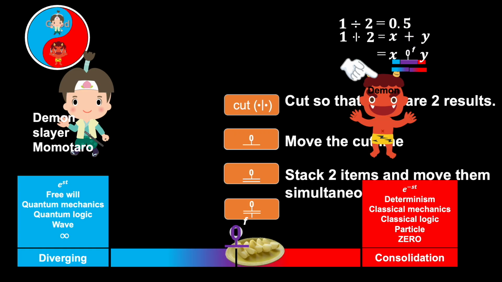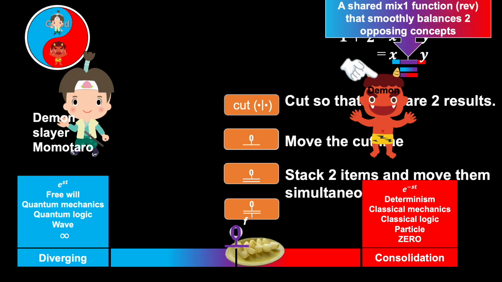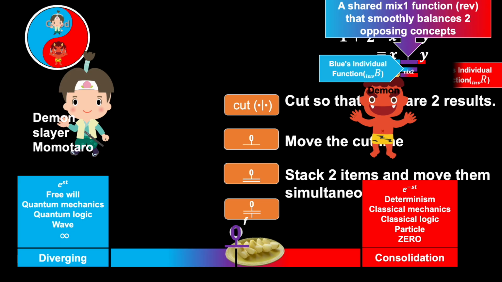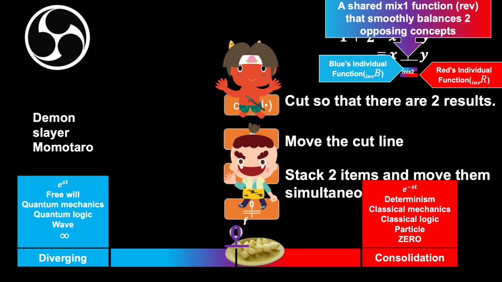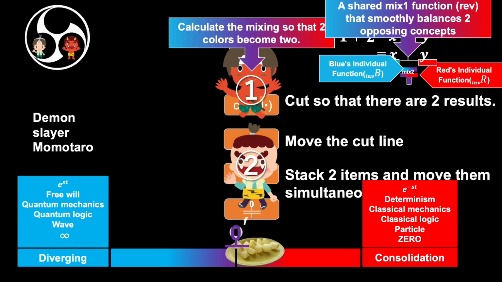This is difficult to explain with words, which is why I use animation. When you mix the inverse functions of blue and red, you end up with two instances of demon tarot. The result is 2, because they were mixed to become 2. Let's call this mix 2.